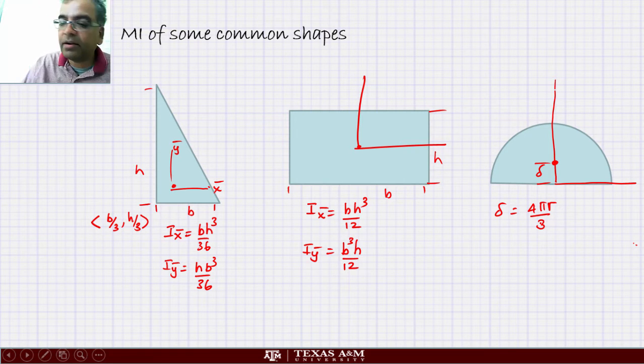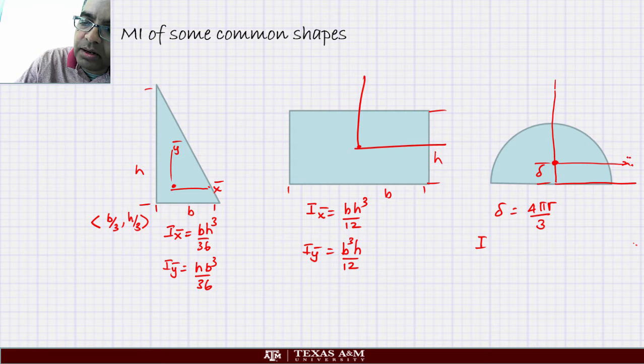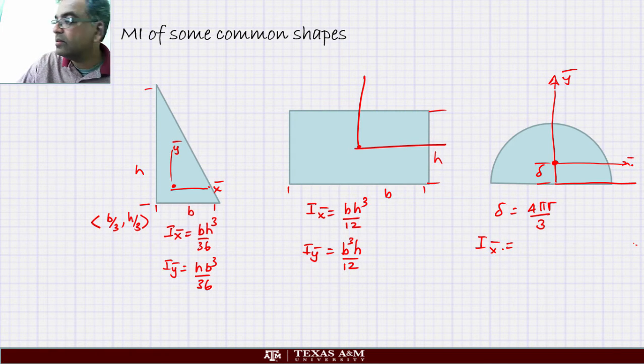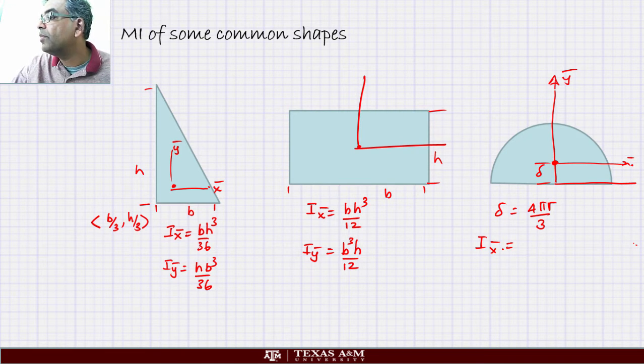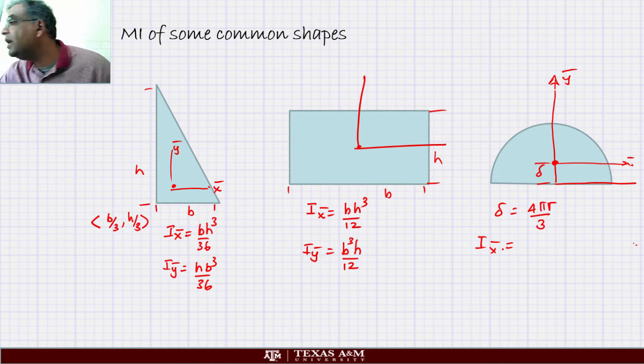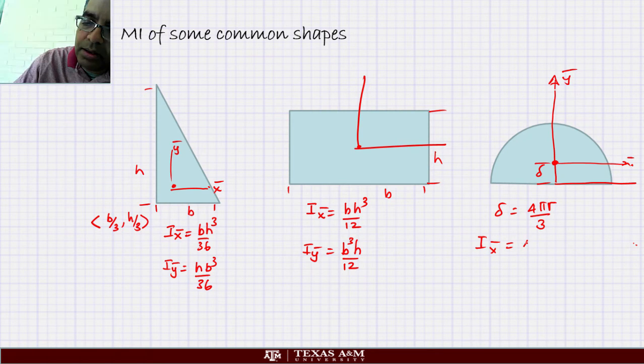And then for the moment of inertia about the center of mass, think of this x bar, that's y bar, I x bar equals pi over 8 minus 8 over 9 pi times r to the fourth.